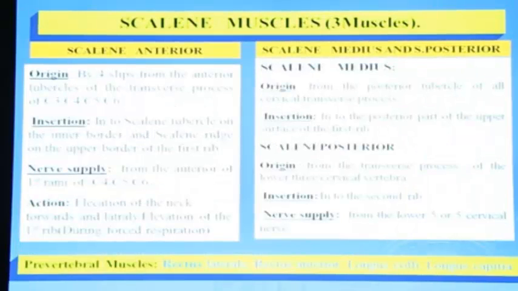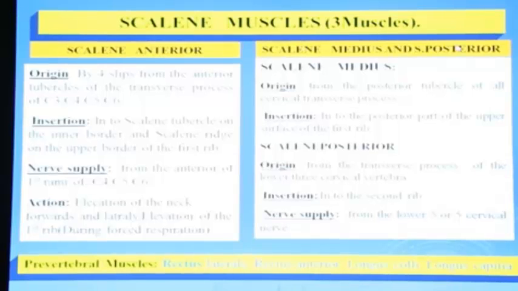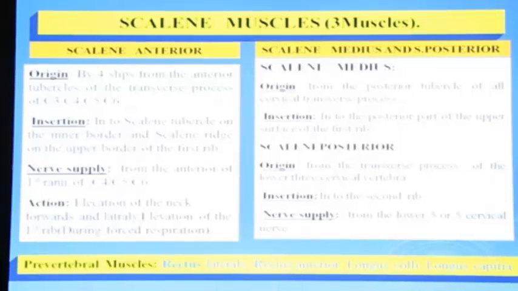Scalene group of muscles. There are three scalene muscles: scalenus anterior, scalenus medius, and scalenus posterior. Scalenus anterior originates by slips from the anterior tubercle of the transverse process of C3, C4, C5, and C6.